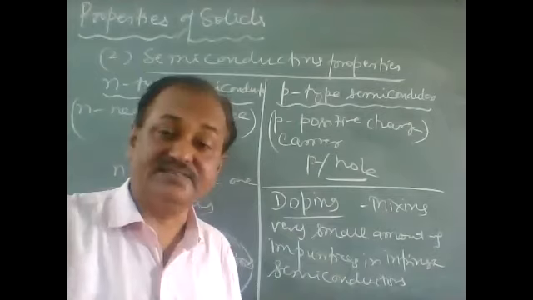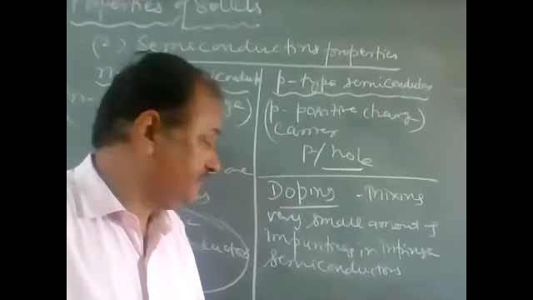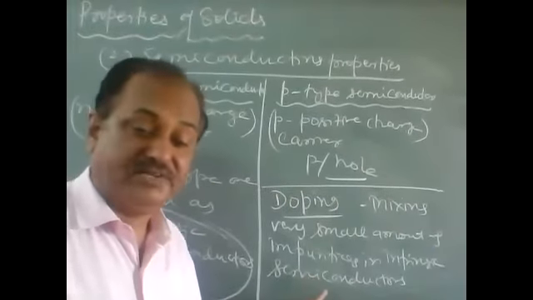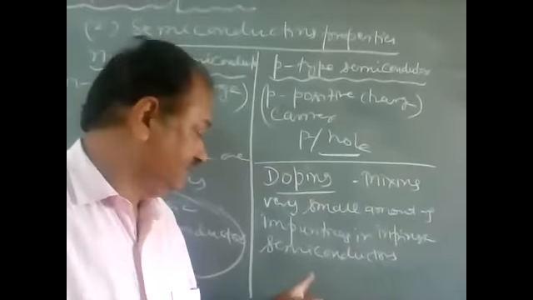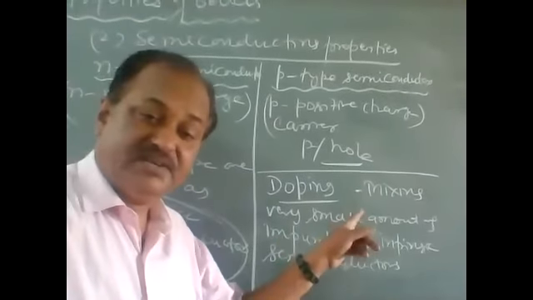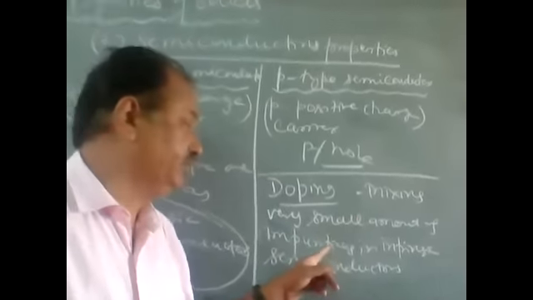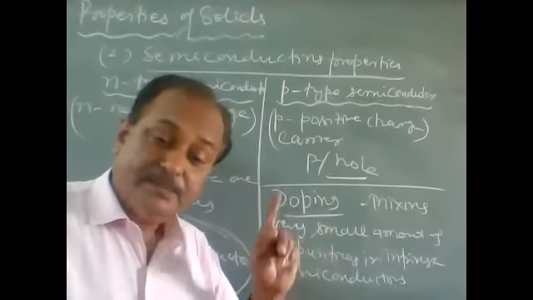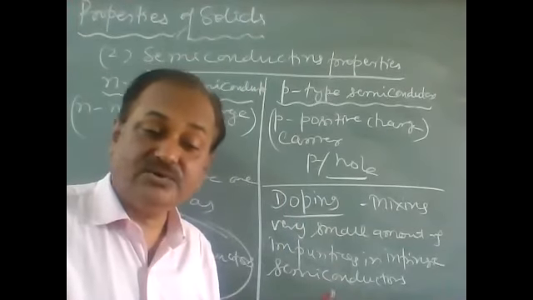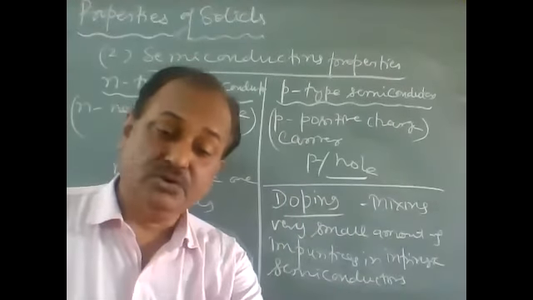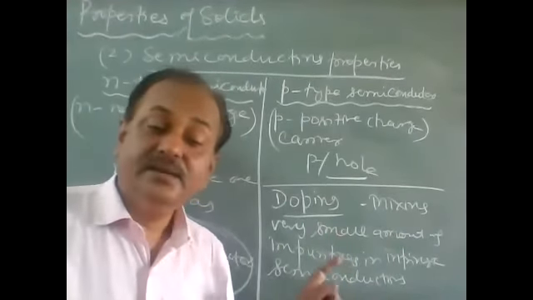Mixing of a very small amount of impurities in pure silicon or germanium is called doping. It is mixed in micrograms.